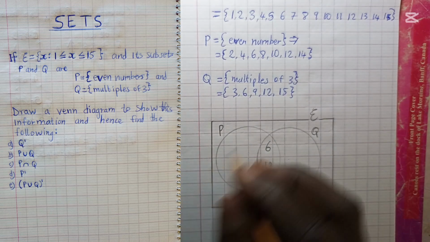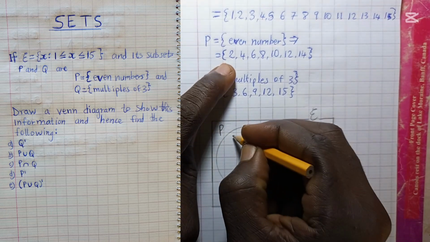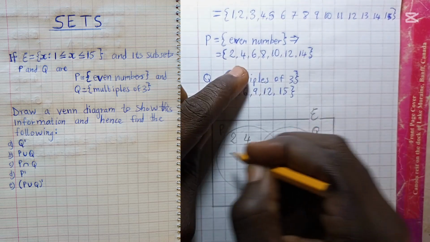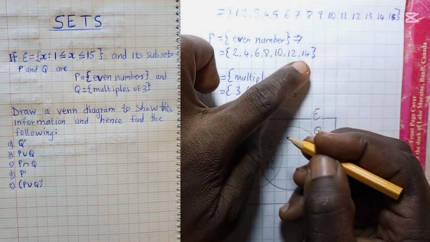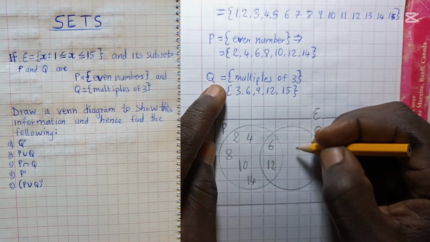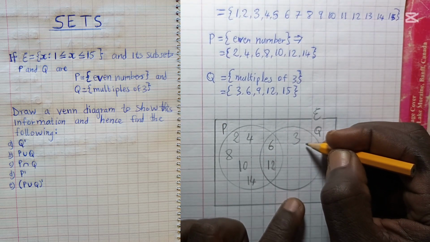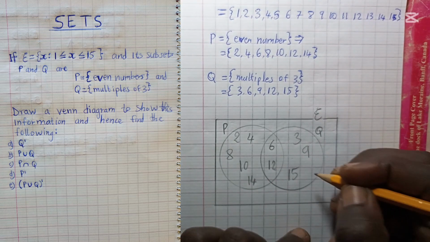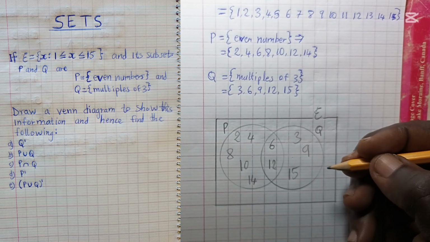And then the elements of set P are 2, 4, 6 is here already, 8, 10, 12 is here, and then 14. While the elements of set Q are 3, 6 is here already, 9, 12 is here, and then 15. So this is the diagram for the two sets.